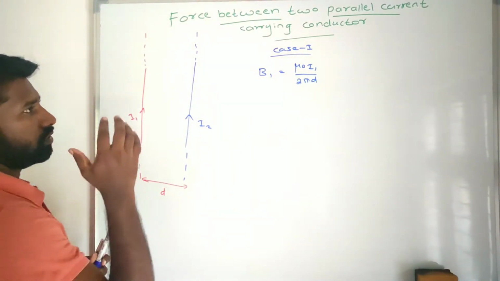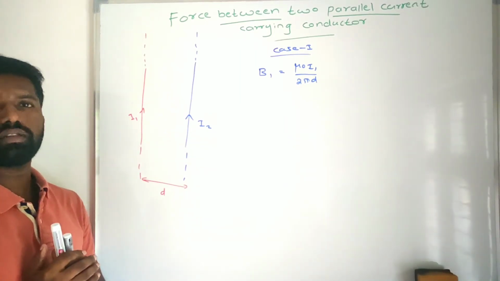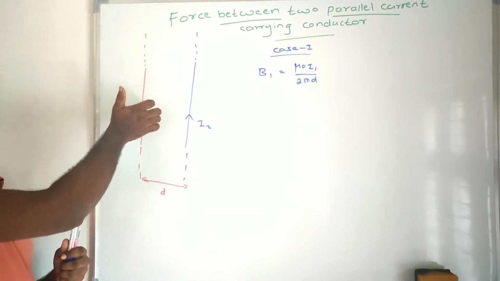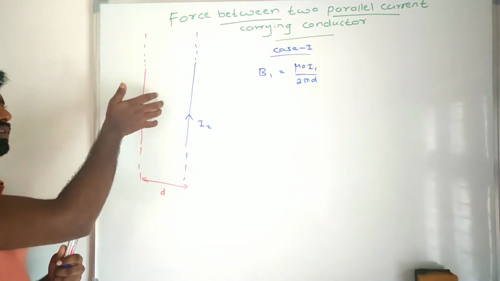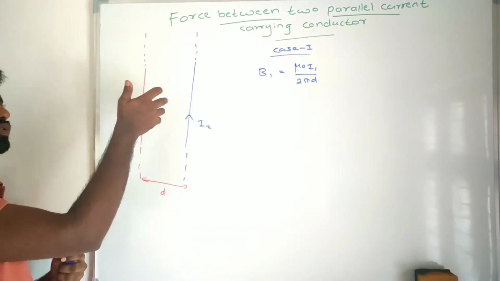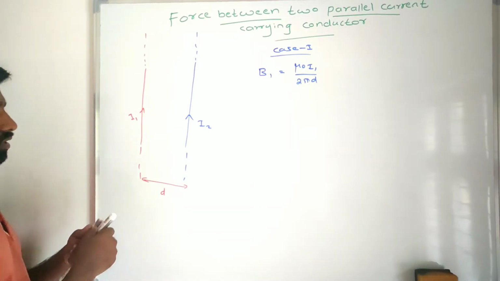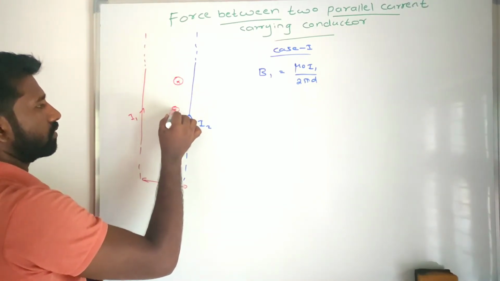The direction of the magnetic field can be found by the right hand thumb rule. So I will apply the right hand thumb rule. I place my thumb in the current direction, and the curled fingers give the magnetic field direction. So you see here, the magnetic field is going into the page. So the magnetic field is like this.